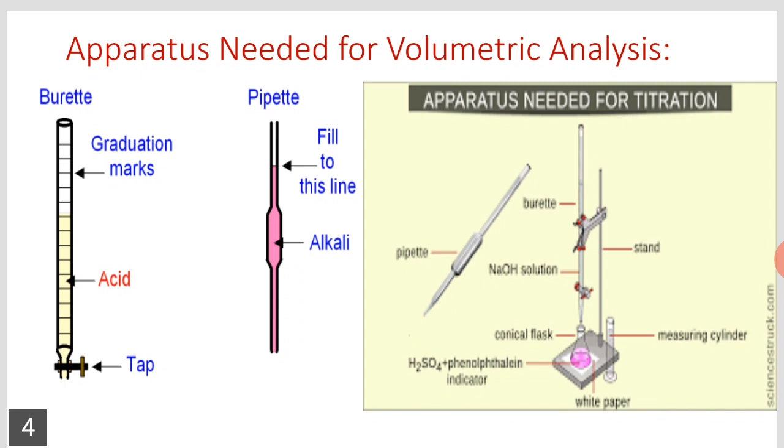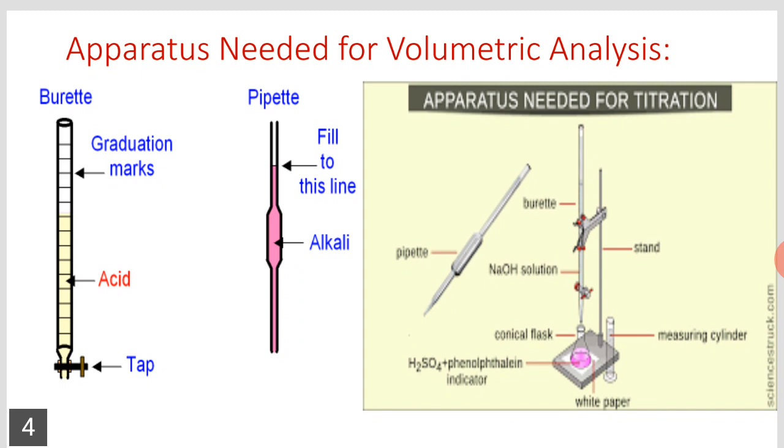Now the burette has graduated marks. It is of 25 ml, 50 ml. So in this we can measure the solutions in ml, while the pipette also has a graduation mark.